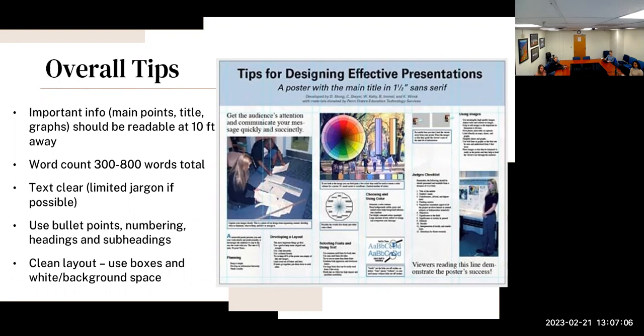If you're going to use jargon, make sure it's particular to the specific conference you're going to. So if I'm writing about eating disorders and I'm going to an eating disorder conference, I may not need to explain everything, and that may not be jargon for that audience. Whereas if I go to an overall public health audience, it may be more jargon heavy, and I'll need to explain that in layman's terms.